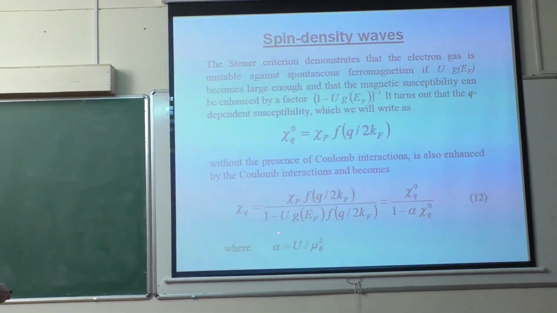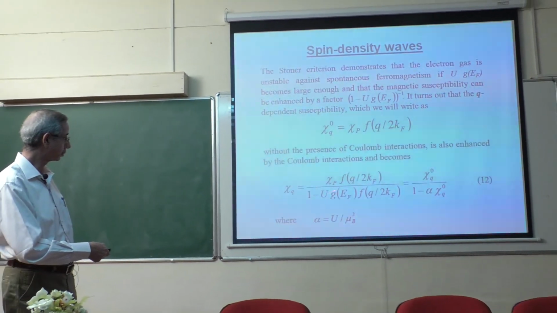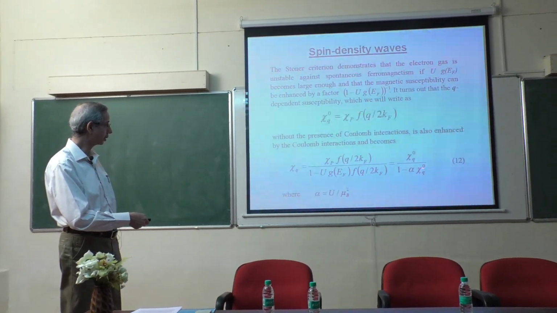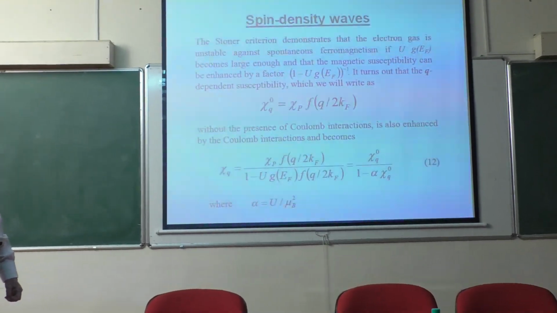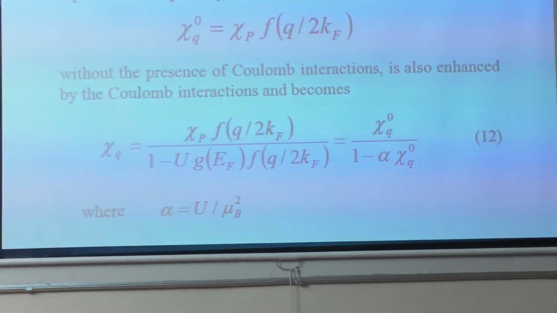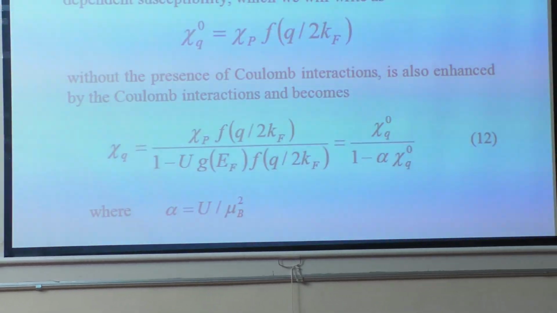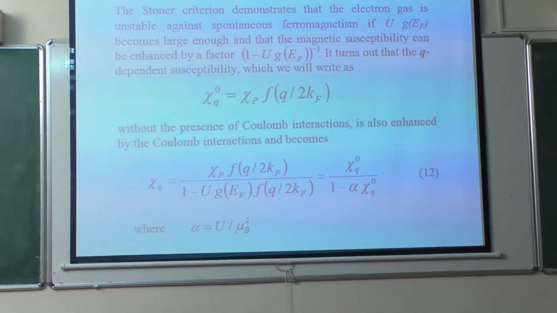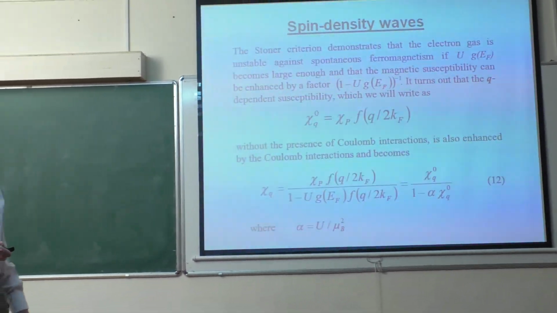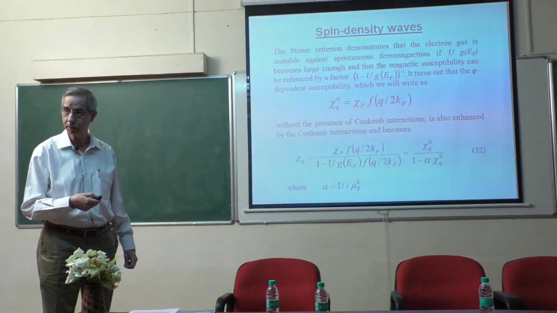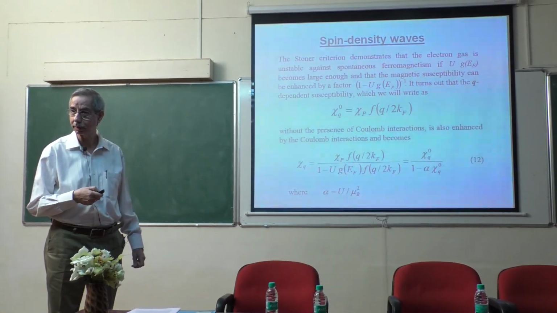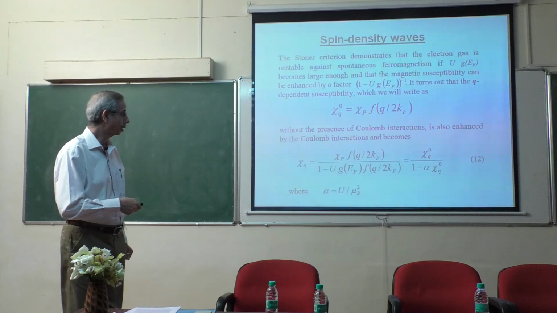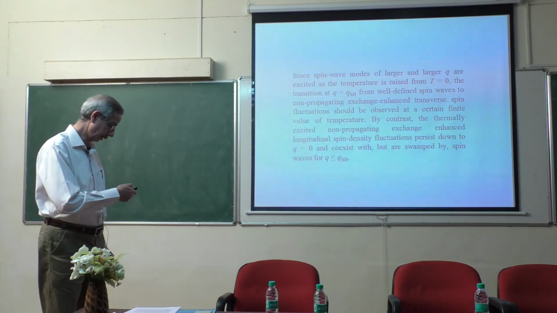So if you divide by mu B squared here, then this part, mu B squared into GEF, is nothing but chi p. Chi p into this is this chi Q naught. Okay, and alpha is now U by mu B squared. This part is clear. So what it tells you is that you have a similar structure for the Q dependent susceptibility as you had for the Pauli paramagnetic susceptibility at Q equal to 0. Only thing is that this term gets modified.